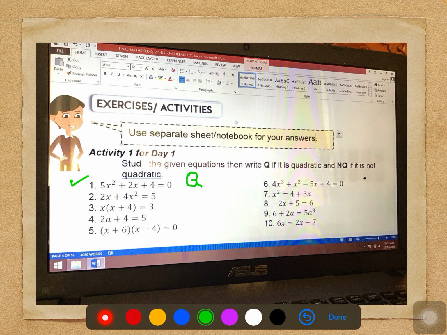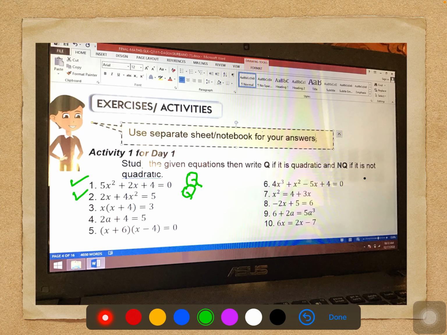Number 2, if you're going to inspect, although you don't see the same arrangement, still you can see an equation in one variable, and that is variable x, and the highest exponent of the terms there is 2. That's why it is also quadratic. So Q. For the third one, you may at first glance classify this one as a not quadratic equation because you cannot see the second degree term right away.